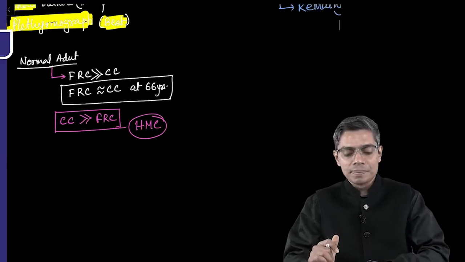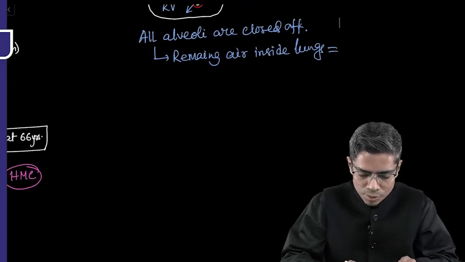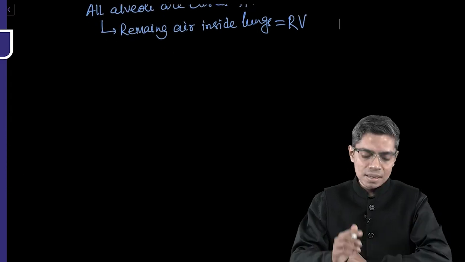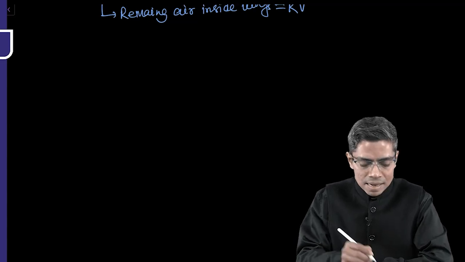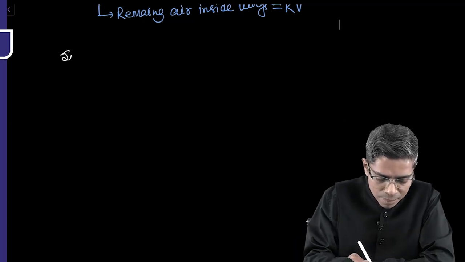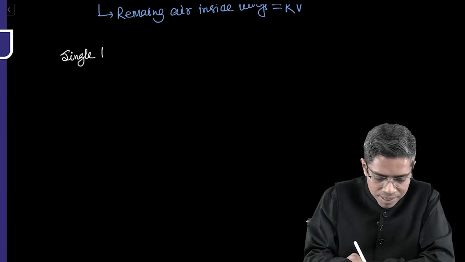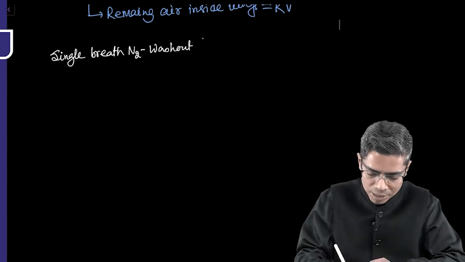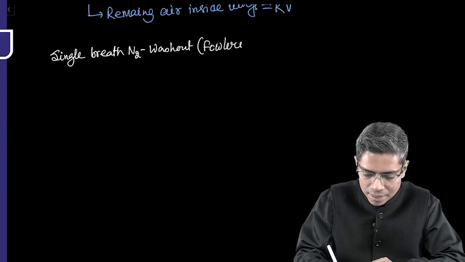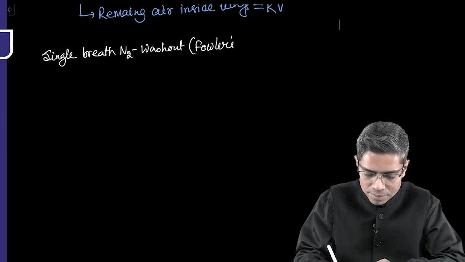Now could you recall what method is used for measuring this closing capacity? I told you during the discussion of the anatomical dead space that it is measured by the single breath nitrogen washout method. This is also known as Fowler's method.